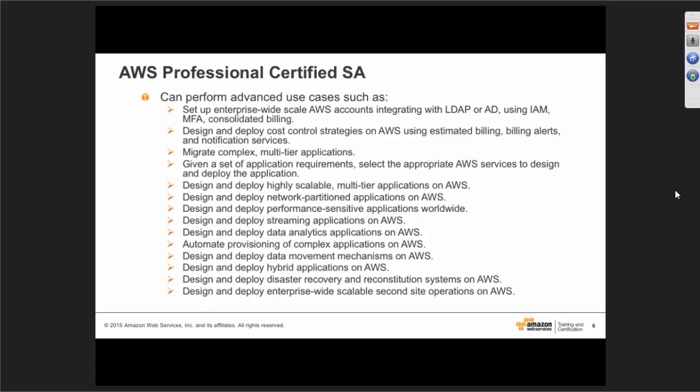There's a question: is it better to go for the Dev and SysOps course or the professional course after taking this? I think if you know what kind of role you're expecting, more of a design and architecting role versus a developer role versus a system administrator role, that's a clear track.